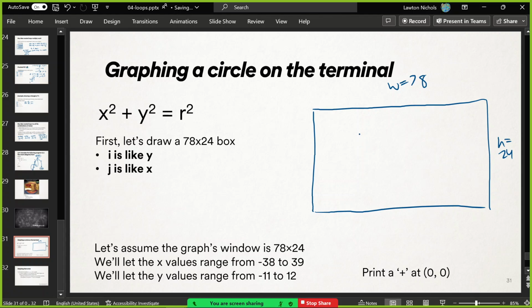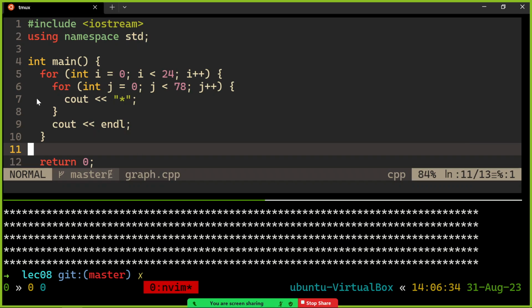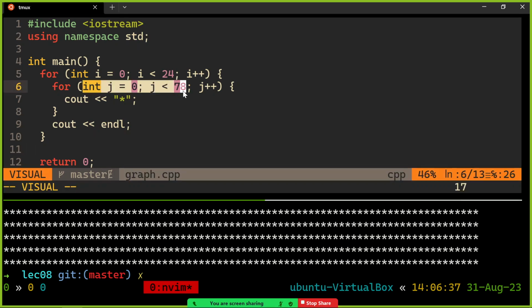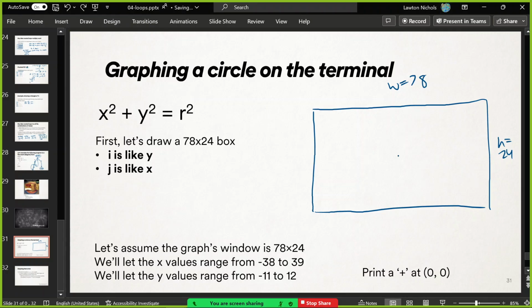Notice how we were printing stars going left and right. That was j's job. So it's working like our x coordinate. And then it was i's job to figure out what line we're on, and that's dealing with up and down. That's like our y coordinate. So i is just like y, j is just like x.